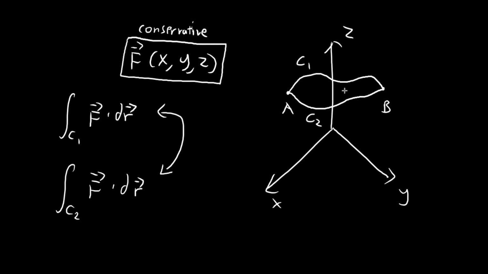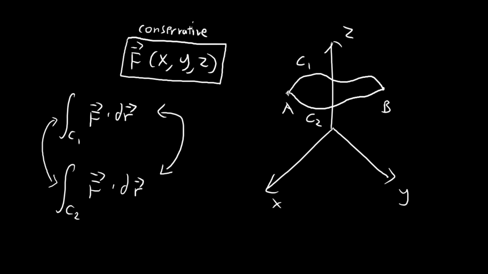So it doesn't matter what path you take. As long as your line integrals have the same starting and ending point, then they will have the same value. So if this vector field is conservative, then these 2 line integrals would give you the same value.